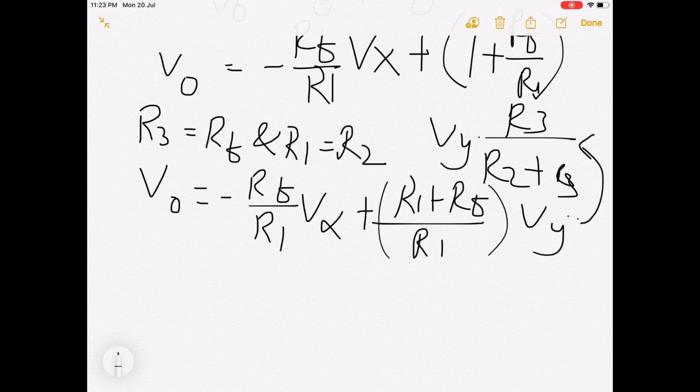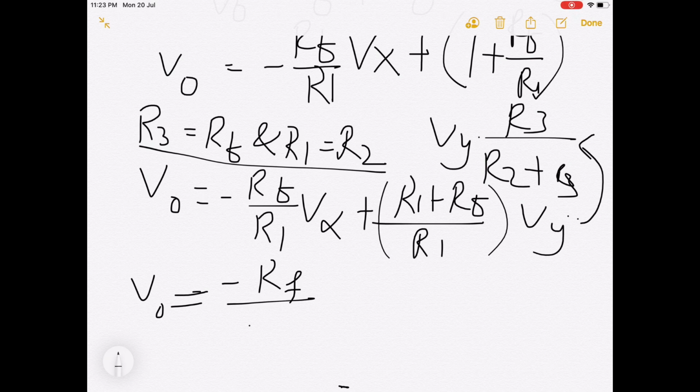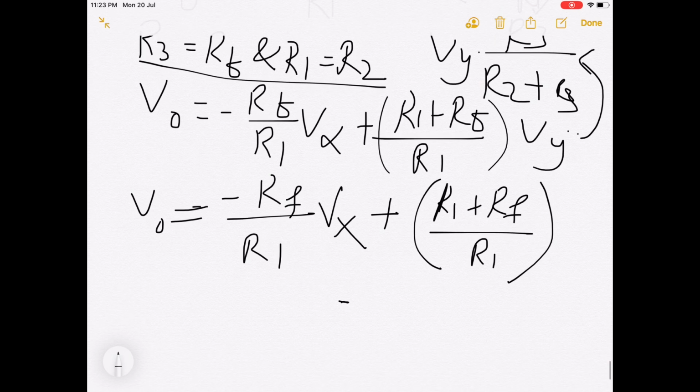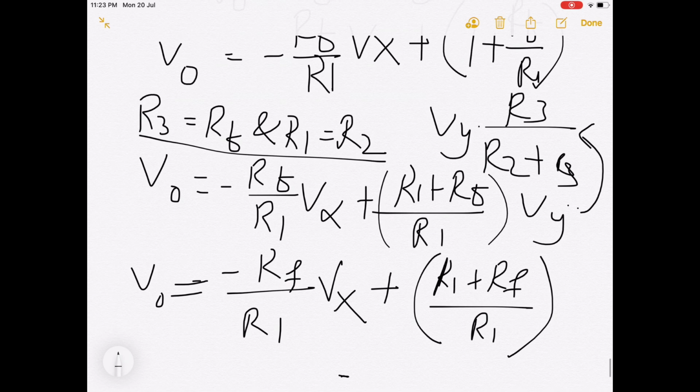Then you have to put these conditions. So what will that be? VO is equal to minus RF upon R1 into Vx plus R1 plus RF divided by R1, which I have kept the same, and the next term R3 upon R2 plus R3.